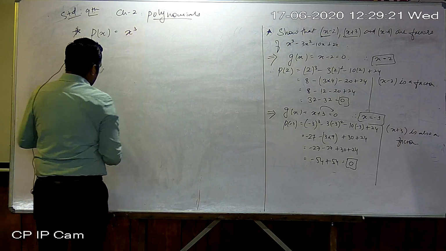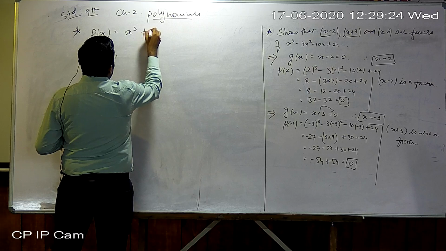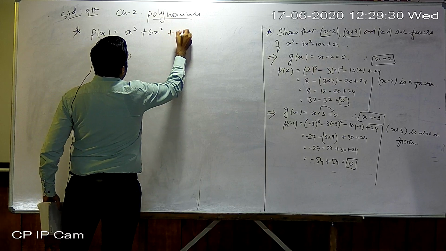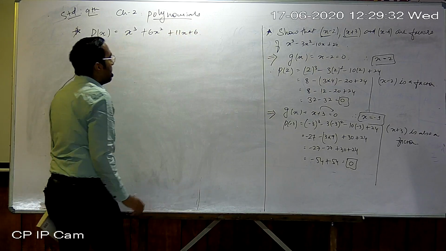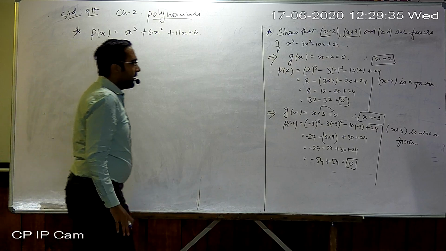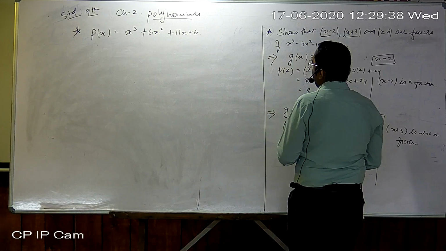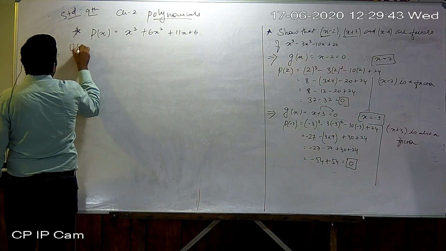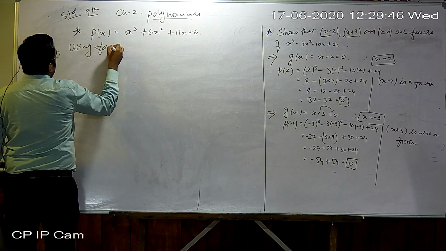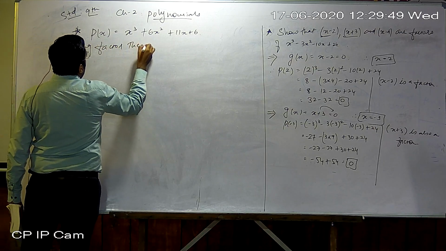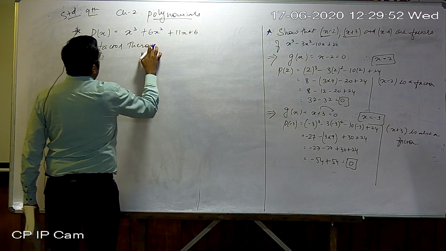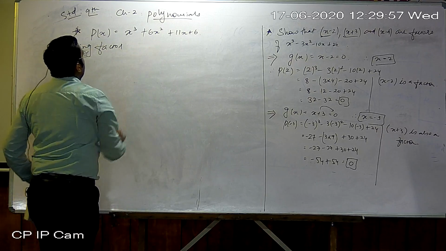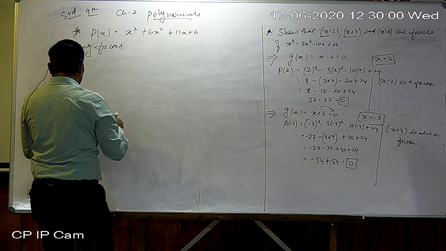That is x cube plus 6x square plus 11x plus 6. There is no g of x given in the question, and they say: using the factor theorem, factorize the given polynomial.